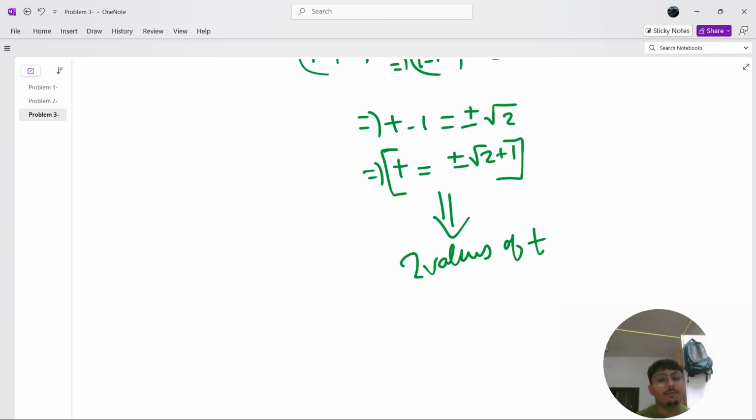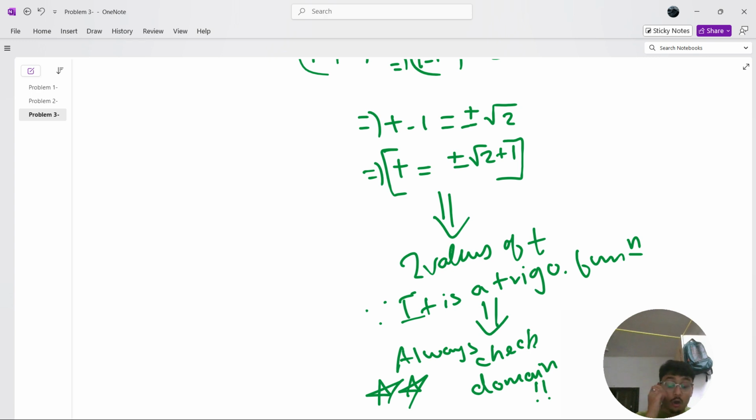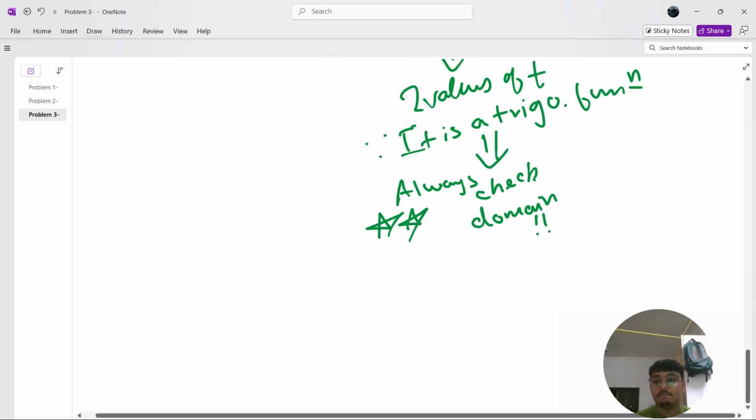Now this can be calculated by double differentiating the function which we were given earlier, but since it is a trigonometrical function, always check the domain. This is very important. Always check the domain.